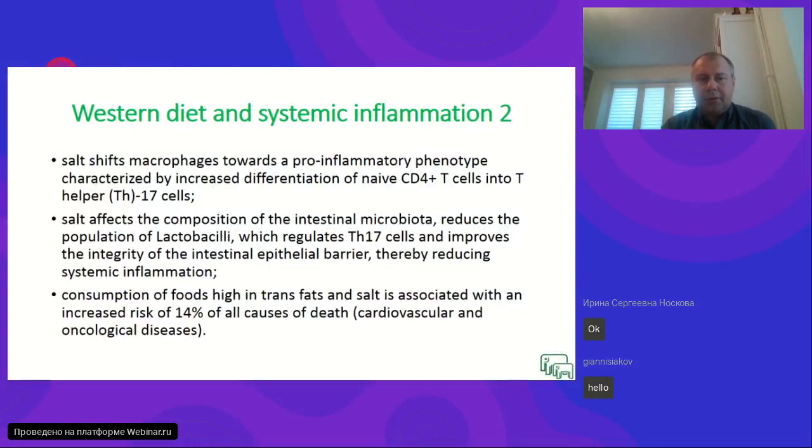Also, another characteristic feature of Western diet is a great amount of salt, which is very unhealthy, and salt affects different organs. It leads to the elevation of blood pressure, shifts special cells such as macrophages towards pro-inflammation, and affects the composition of intestinal microbiota.